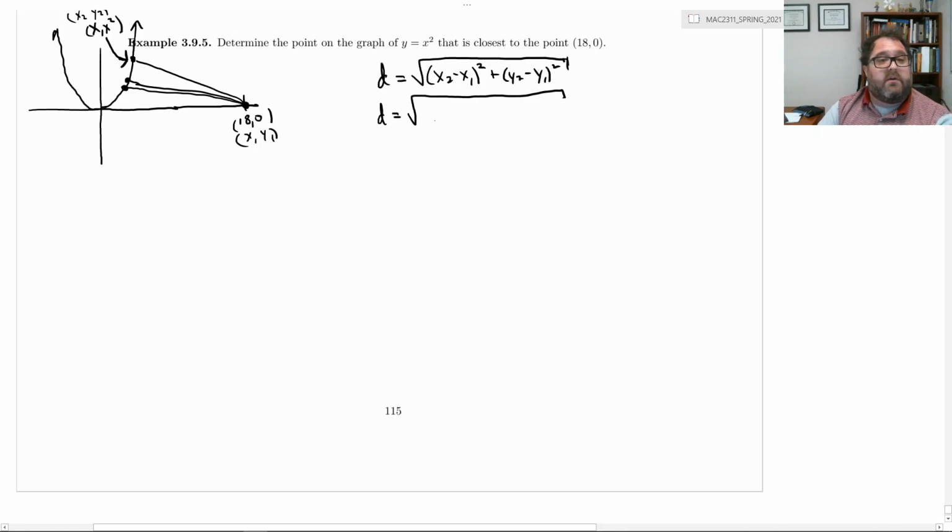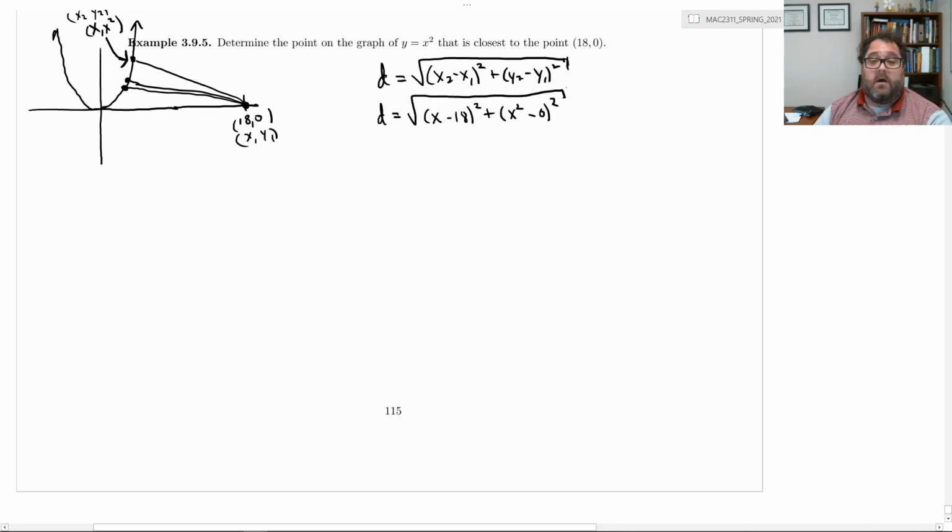That's x2 and y2 up there. So x minus x1 is 18, squared, plus y2 was x squared, the y value of our generic point, minus 0, the y value of our set point, squared.